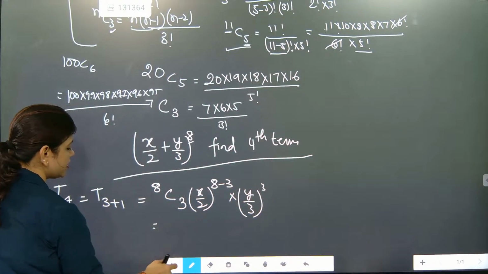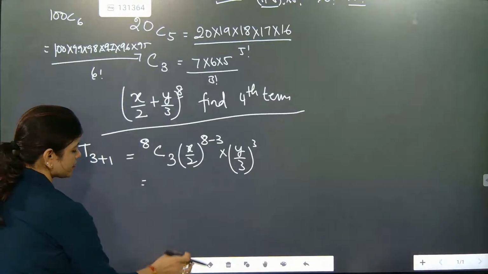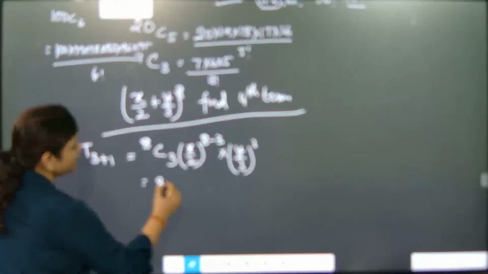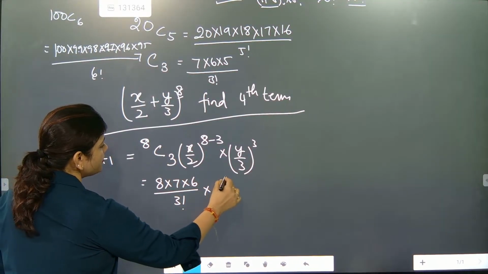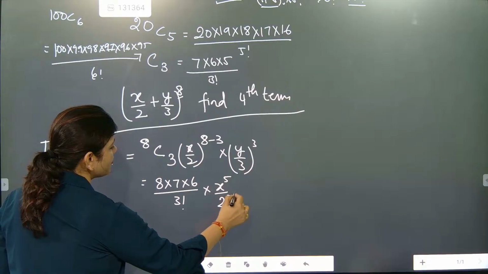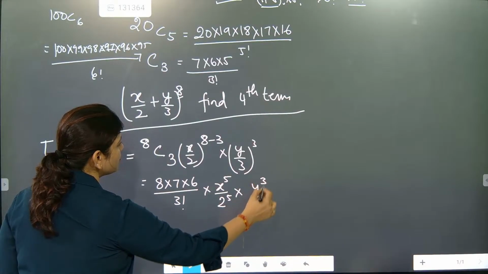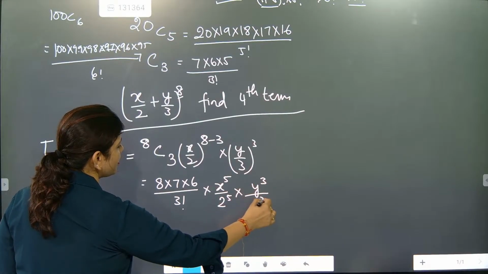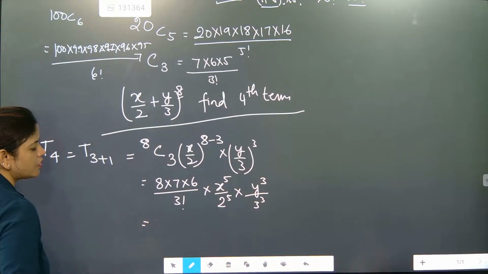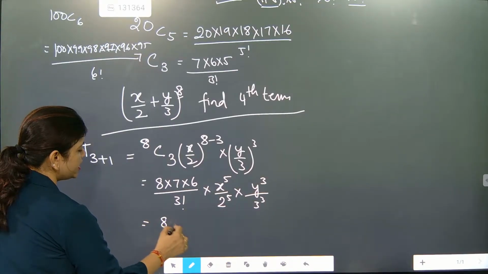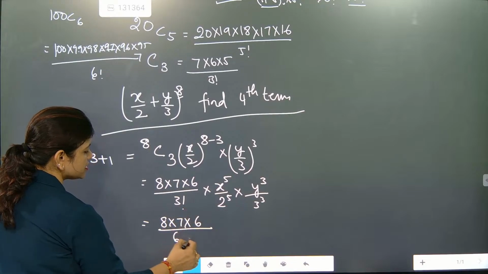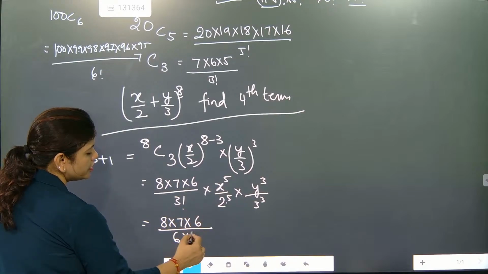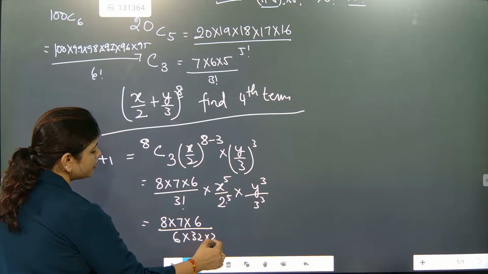So now here, how many times will 8 open? 8 into 7 into 6 by 3 factorial, and here x to the power 5 by 2 to the power 5 into y to the power 3 by 3 to the power 3. Now check this out. 8 into 7 into 6: 3 twos are 6, and here it is coming as 2 to the power 5 is 32, and here 3 cubed is 27.